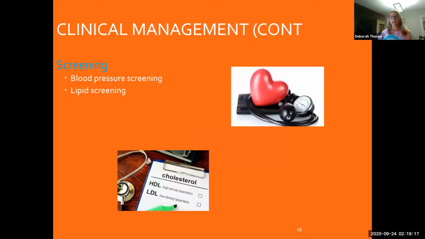Screenings. So at what age should blood pressure screening begin? So actually it begins in infancy. We take a blood pressure screening usually before the baby goes home. If not, they take it on that first visit for the kids to the pediatrician. And then it's recommended at every well child visit, at least annually. And among adults, they recommend screening for high blood pressure in adults 18 and older.